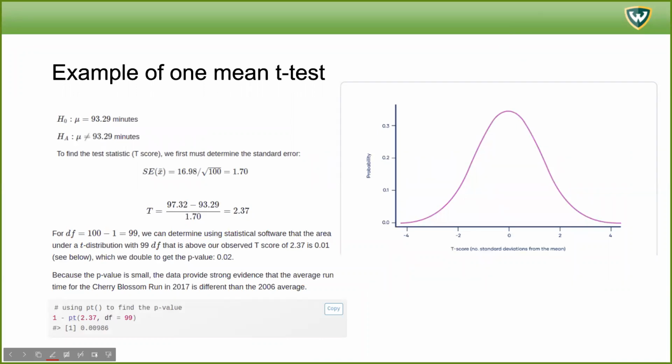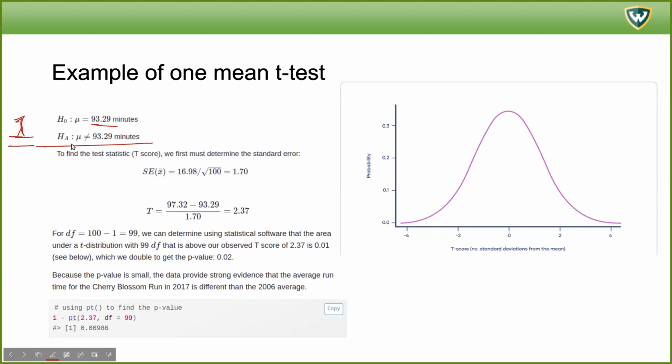So let's go through the whole setup here. First, we check the assumptions. That's kind of like ground zero. Number one, set up the hypothesis test. The null hypothesis is that the population average is 93 minutes, 93.29.